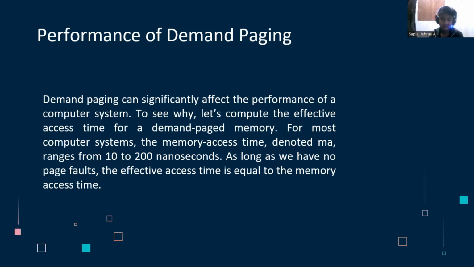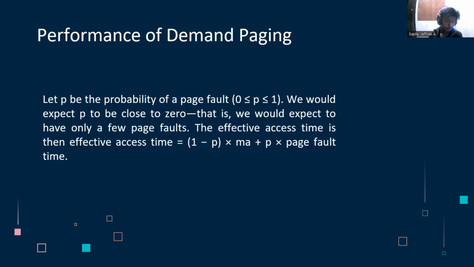For most computer systems, the memory access time, denoted MA, ranges from 10 to 200 nanoseconds. As long as we have no page faults, the effective access time is equal to the memory access time. If, however, a page fault occurs, we must first read the relevant page from disk and then access the desired word.